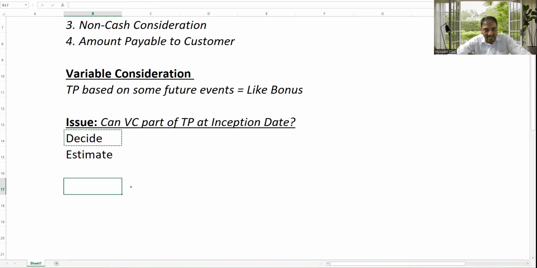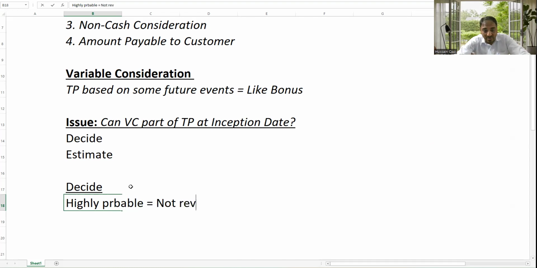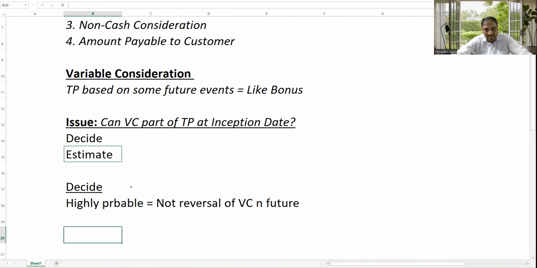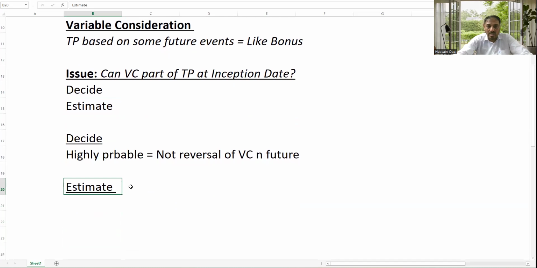With respect to decide, it must be highly probable about not reversal of variable consideration in future. So once you decide, the second point is estimate. First decide: we are confident that the things will not reverse, so we have to incorporate.